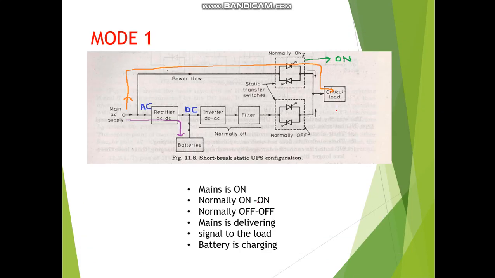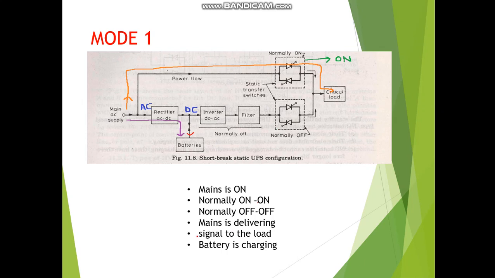In mode 1 operation, the main is on and the normally on switch is on. The main is giving the supply to the critical load. In this duration, the AC is converted into DC by using the rectifier and this DC is used to charge the batteries. So the main is on, and the normally off switch is off.